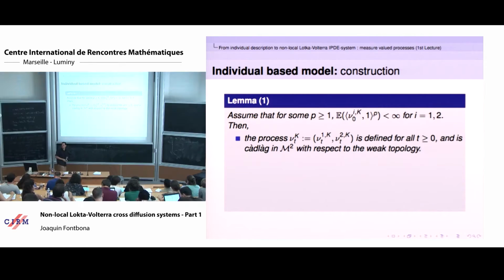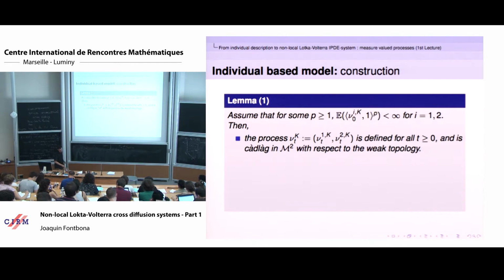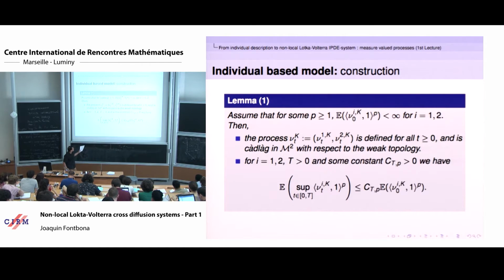You are able to do that using... I don't think I will have much time to do the computations in detail, but the proof is related to the following property, which will also be important: this dynamic preserves moments.